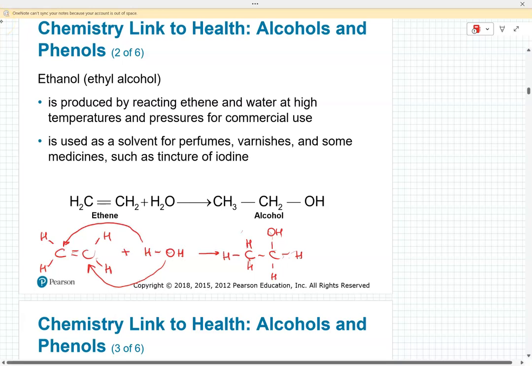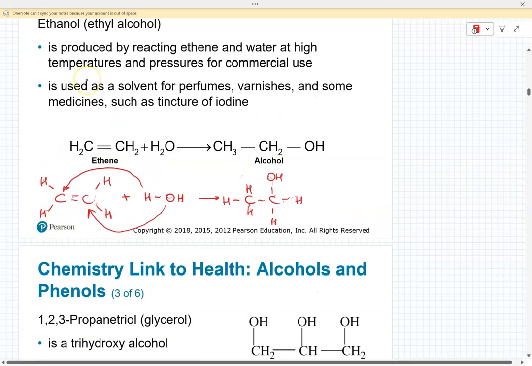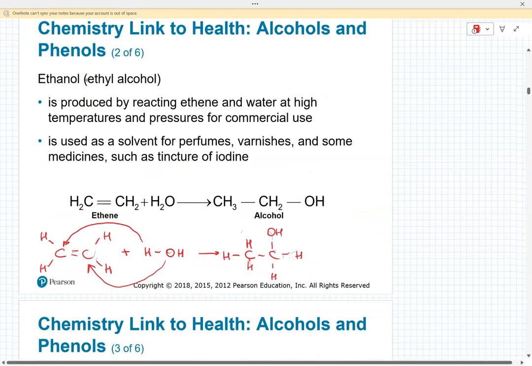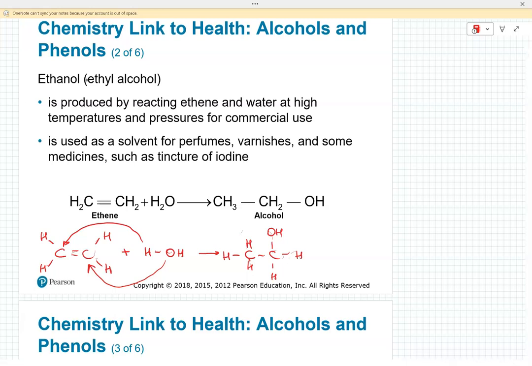Does that make sense? You can produce the ethanol industrially. The only problem is it's usually not food grade. Okay?